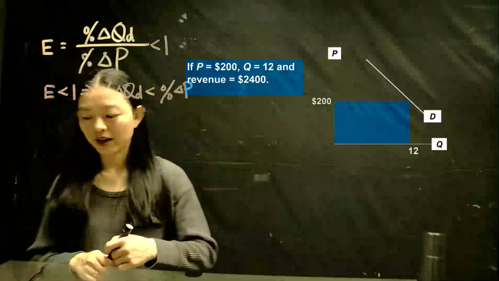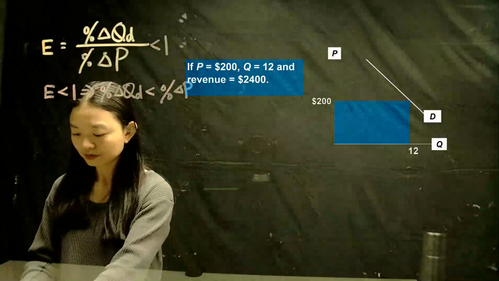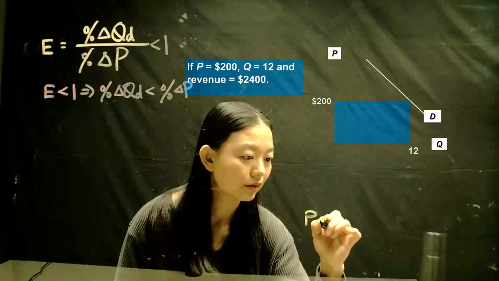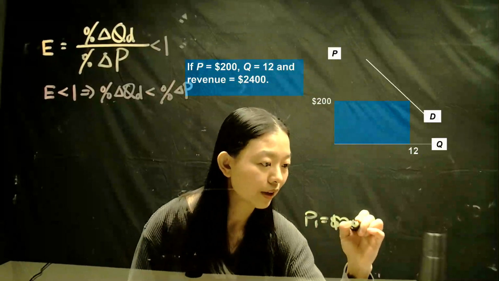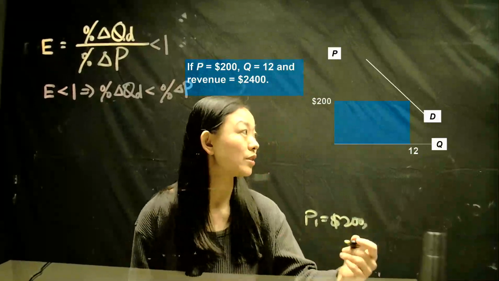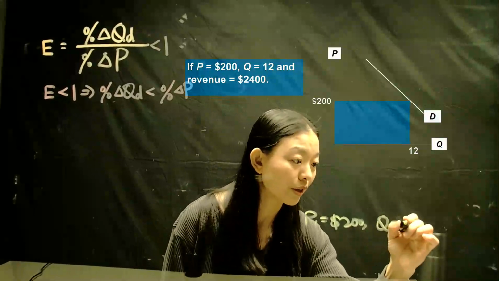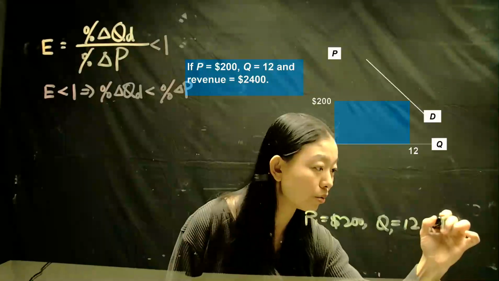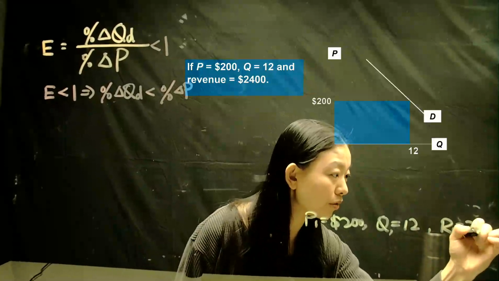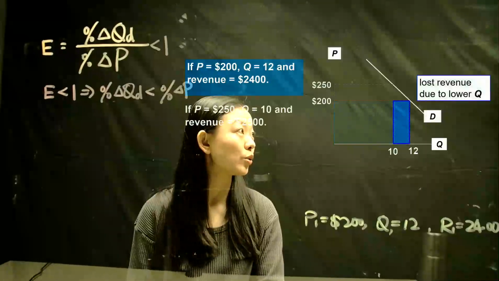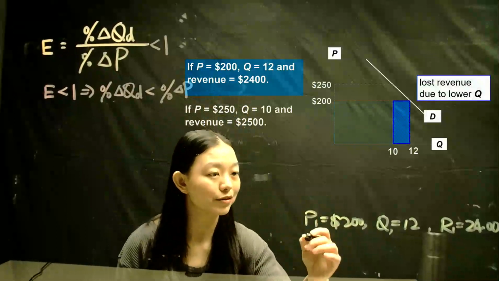Okay, so let's see this part from a graph as well. Still at the beginning, we have the price equal to $200 per product, and you can sell 12 units, which means the total revenue will equal 2400. But now you decide to increase the price to 250.